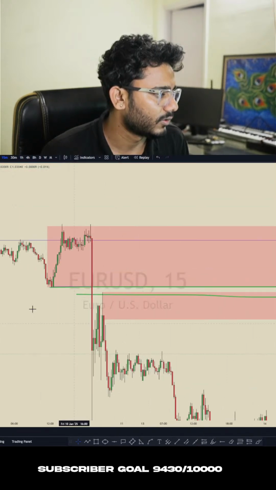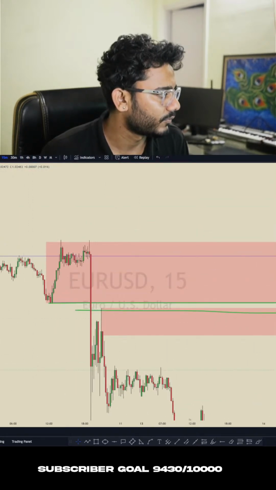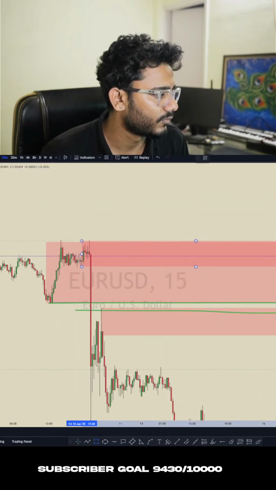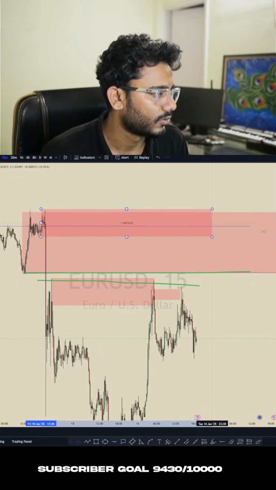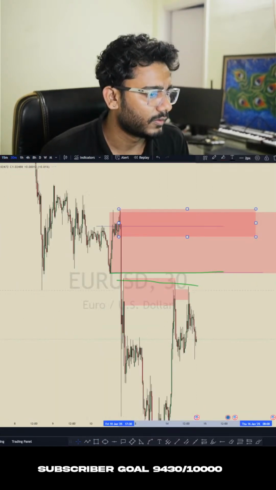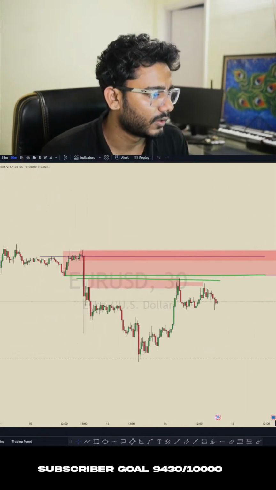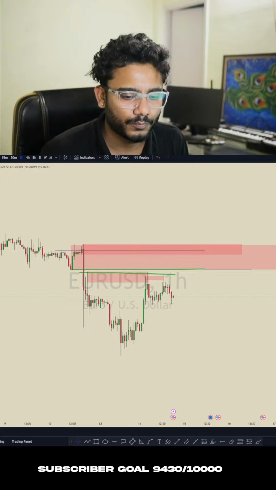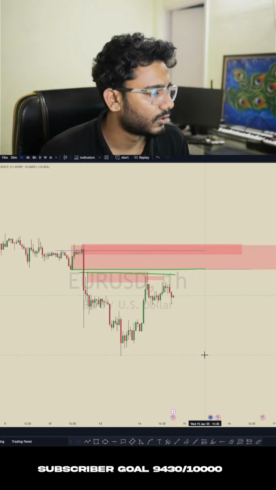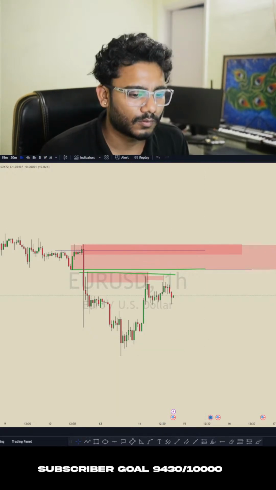So if we mark this zone, we have this area right here. Let's see what price is doing. We can do two things.